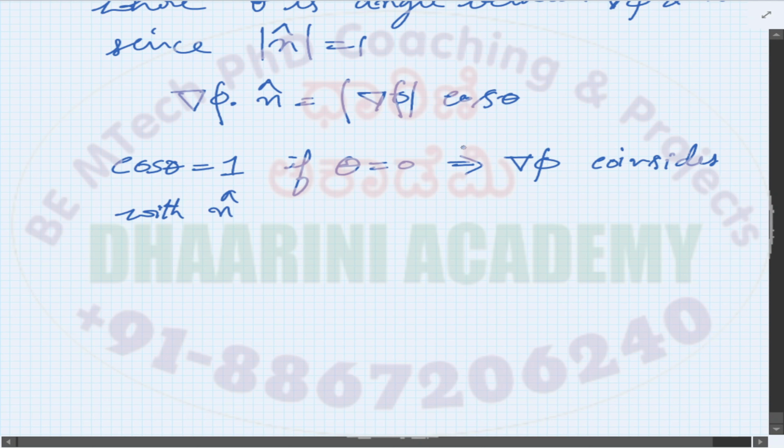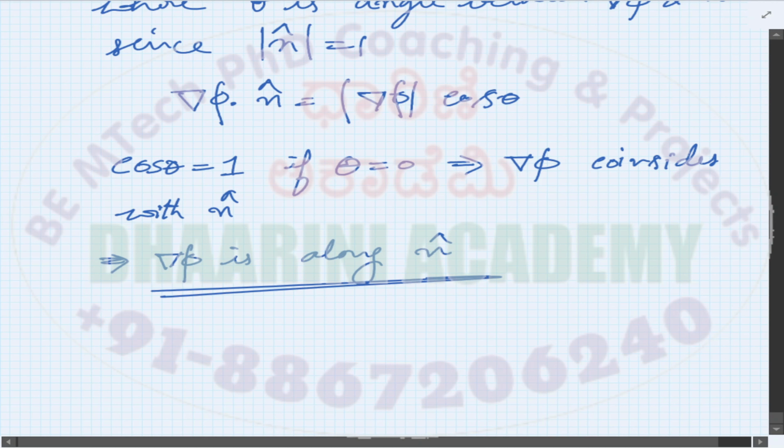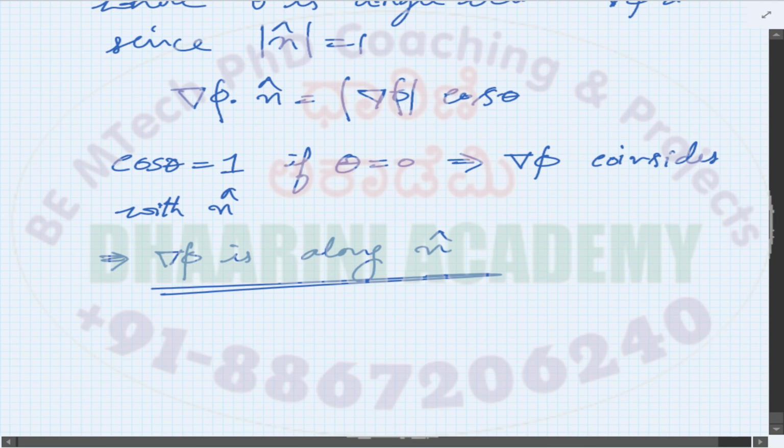So this means when they coincide with n cap, del phi is along n cap, then only this is maximum. Okay, so we proved the second theorem as well.